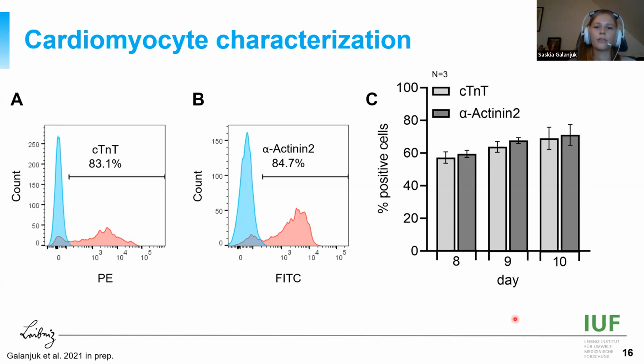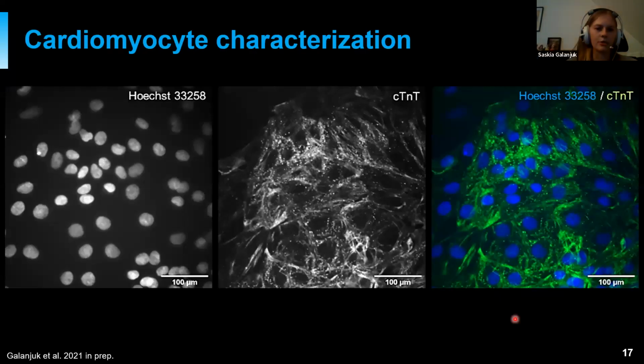In addition, the majority of cardiomyocytes was evaluated using ICC. Staining for cTnT after 10 days of differentiation shows that, consistent with the flow cytometry results, almost every nucleus is attributable to a cTnT positive staining, which is better seen in the merge picture.